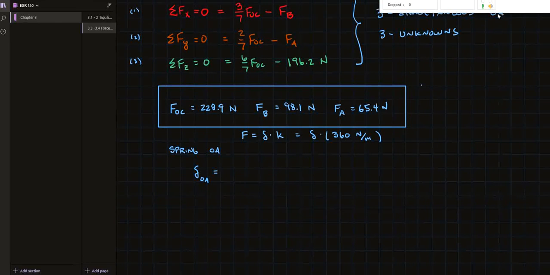So our first delta is force of A divided by k, which equals 65.4 divided by 360, and that'll be newtons divided by newtons per meter.